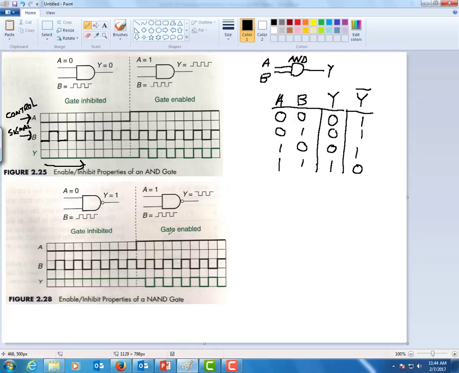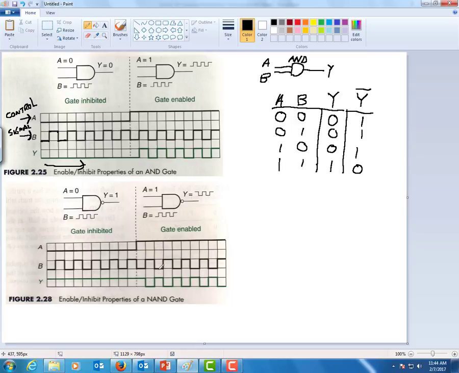Now, here's the next part. The gate enabled. This is when it's enabled. A equals 1. That corresponds to this area right here, doesn't it? When A equals 1, you notice here it oscillates, right? So when B is high, Y bar is low.